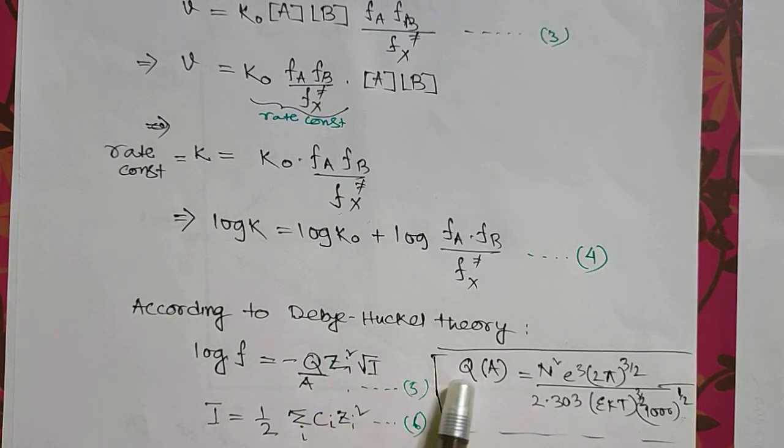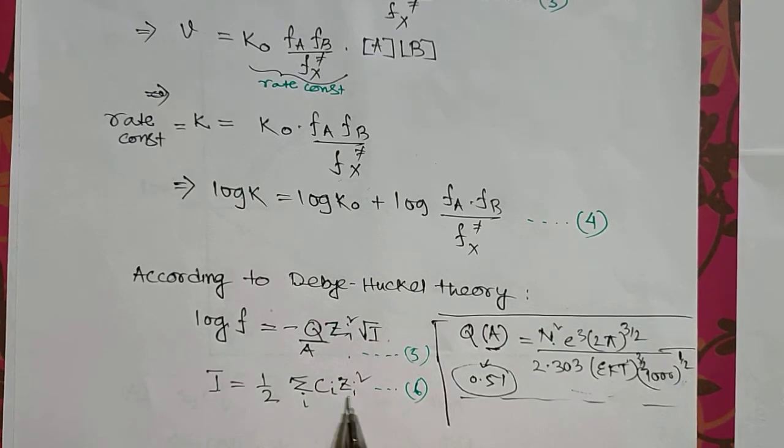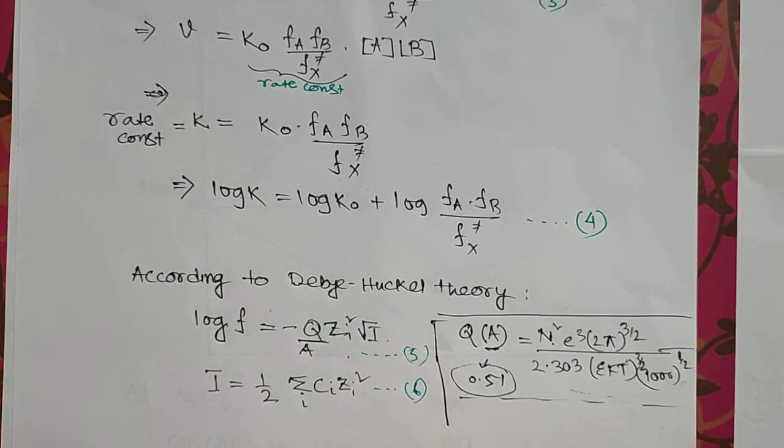A equals 0.51. Here Zi is the charge of the ith species, so one Zi will be for A and one Zi for B. The ionic strength I equals half the sum of Ci Zi squared, where Ci is the concentration of the ith species and Zi is its charge.